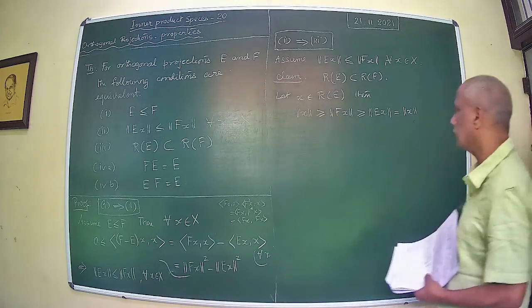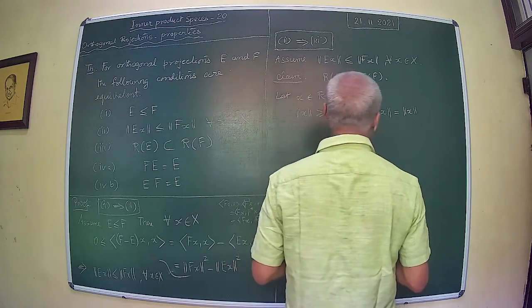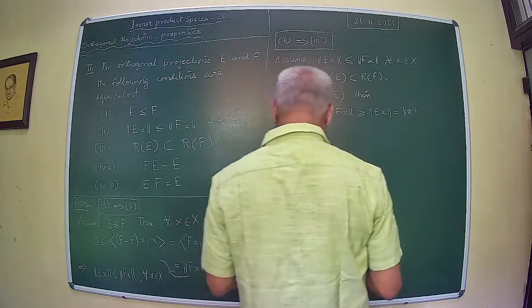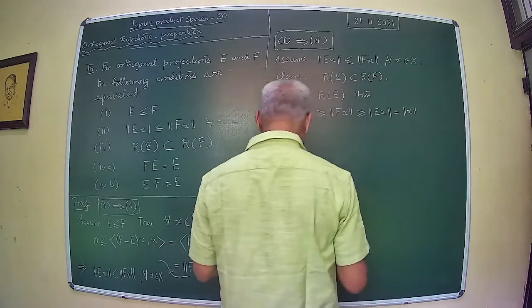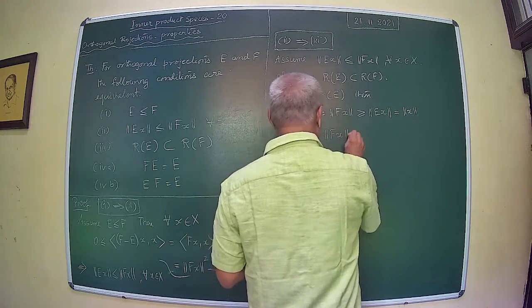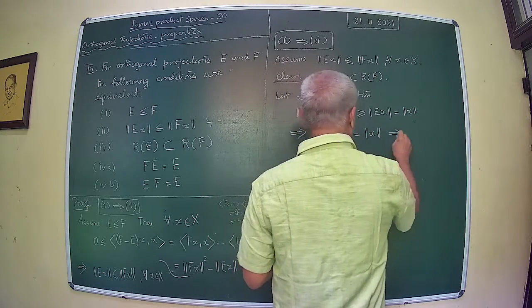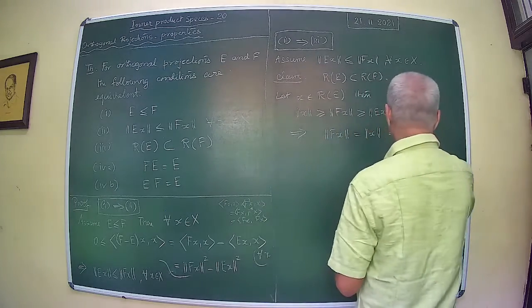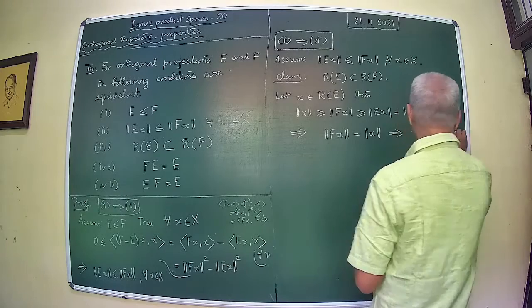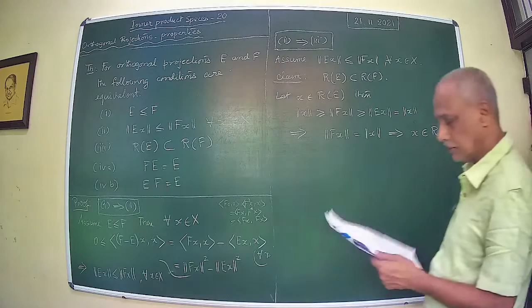Okay, so what does this mean? This implies equality holds here in between. This implies x is in the range of F. That's what you have to prove. So that's complete now.